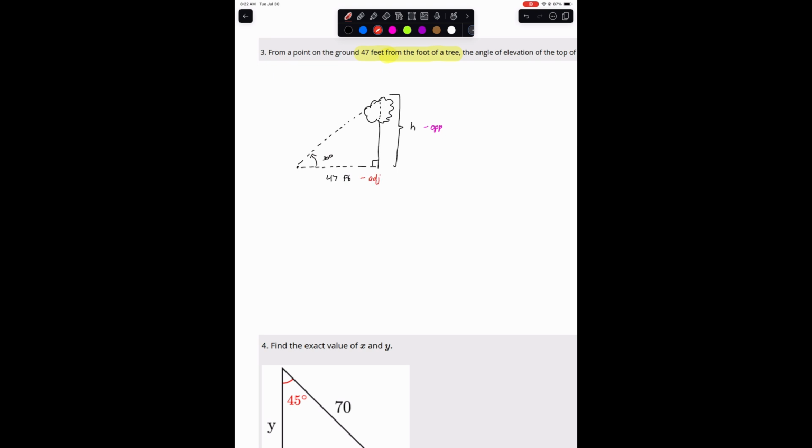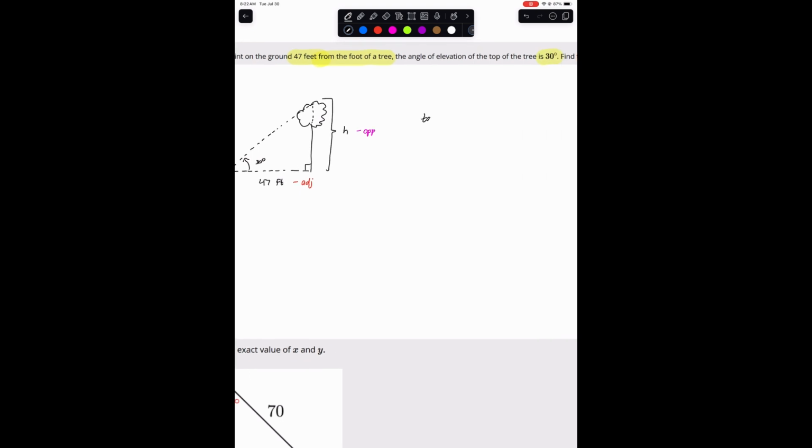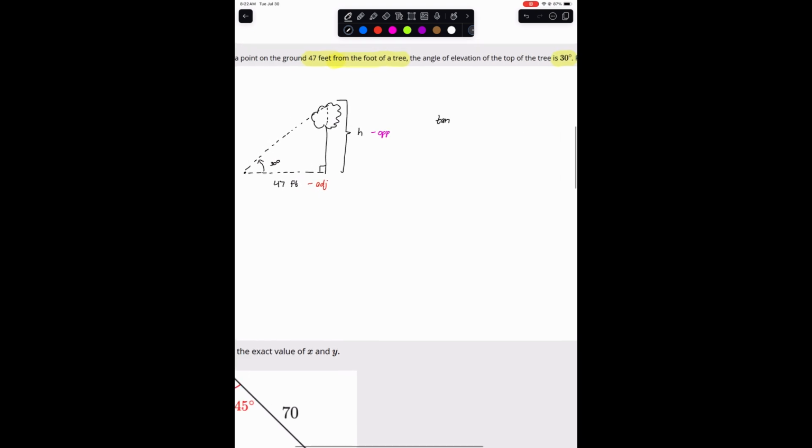If we think about the main 3 functions, the original trio, so to say, the only one that uses both opposite and adjacent is tangent. So tangent, and in this case, it will be of 30 degrees. You have to specify degrees. If you don't put the degree sign, we will assume it's radians, which is an entirely different unit.